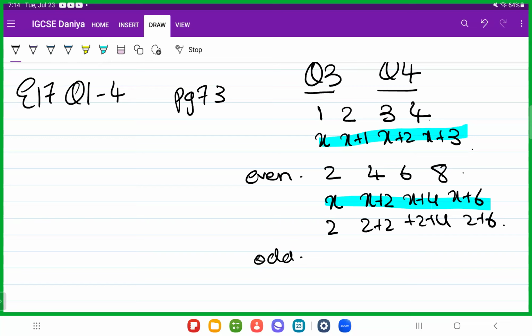Did you find out? No. I thought it would be like x plus 3 or something, but I'm not sure. I don't want you to guess, I want you to be sure. So do this method: write down odd numbers, then write down the x values, and tell me right now. Both of you, please.